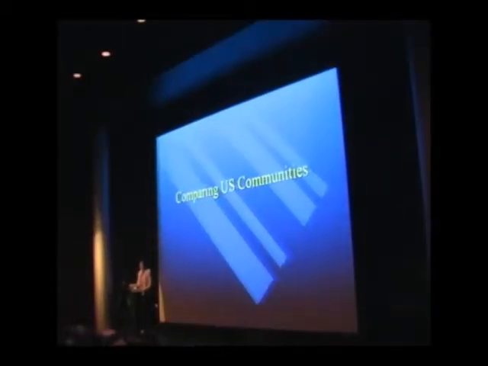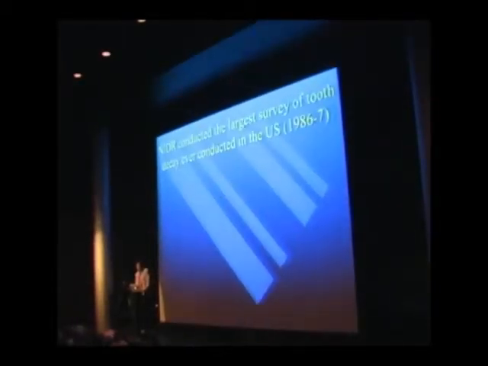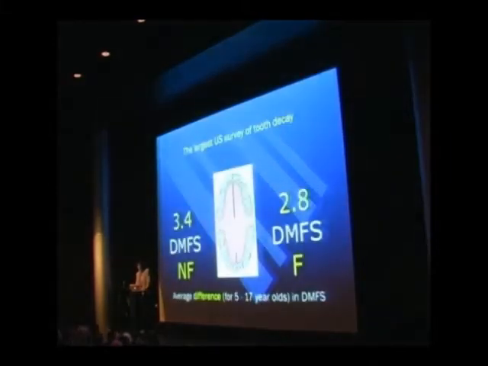If we compare US communities, this was the largest survey ever conducted in the United States. It cost the taxpayers nearly $4 million. They looked at the teeth of over 39,000 children in 84 communities. And what they found was that the average tooth decay for 5 to 17-year-olds, for children who'd always lived in non-fluoridated communities, was 3.4 decayed, missing, and filled surfaces.